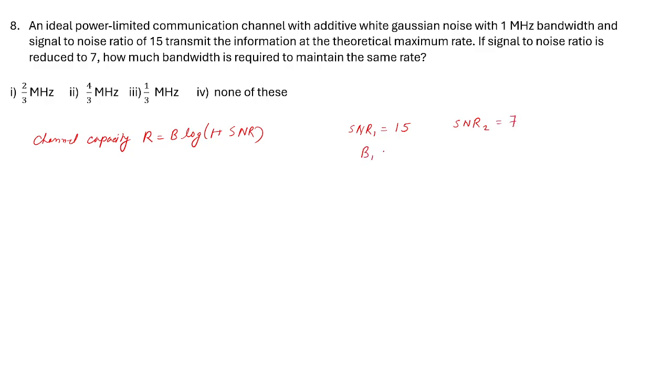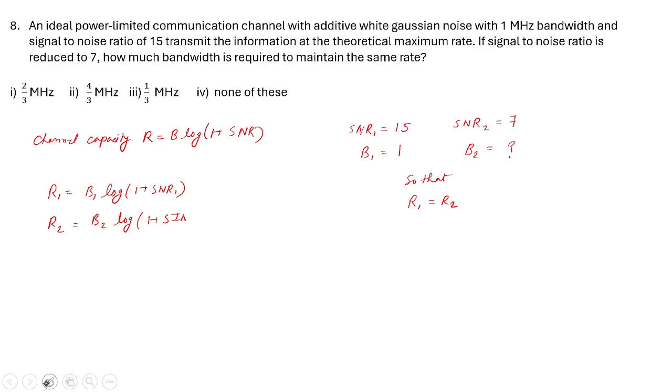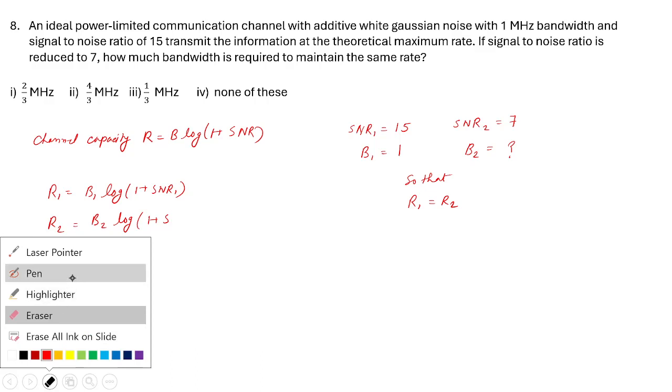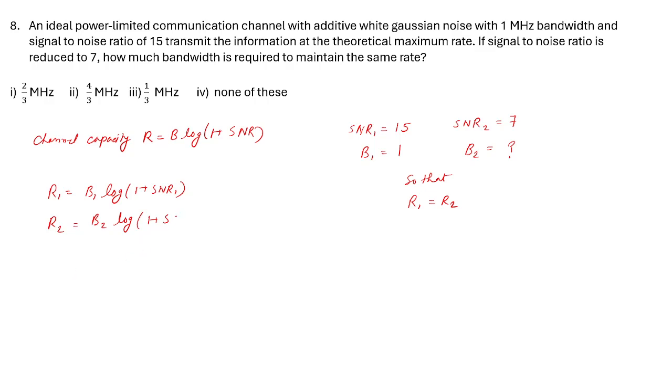Your earlier B1 is 1 megahertz, and what should be your B2 to maintain the same rate, so that R1 becomes R2, where R1 is B1 times log of 1 plus SNR1, and R2 is B2 times log of 1 plus SNR2. I keep writing SINR because that's what I am used to; SINR represents signal to interference and noise ratio, but this is not of concern here.